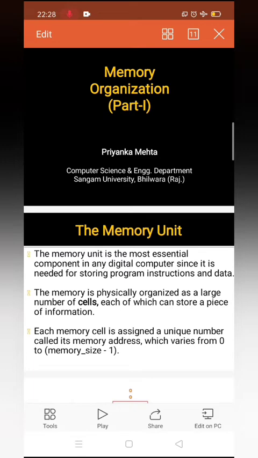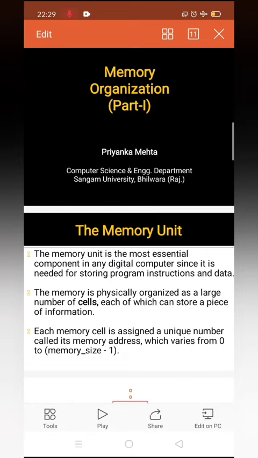Similarly, in computing, the memory refers to a device that is used to store information for immediate use in a computer system. The memory unit is the most essential component in any digital computer since it is needed to store your program instructions as well as your data. But this information can be stored either on a permanent basis or on a temporary basis.